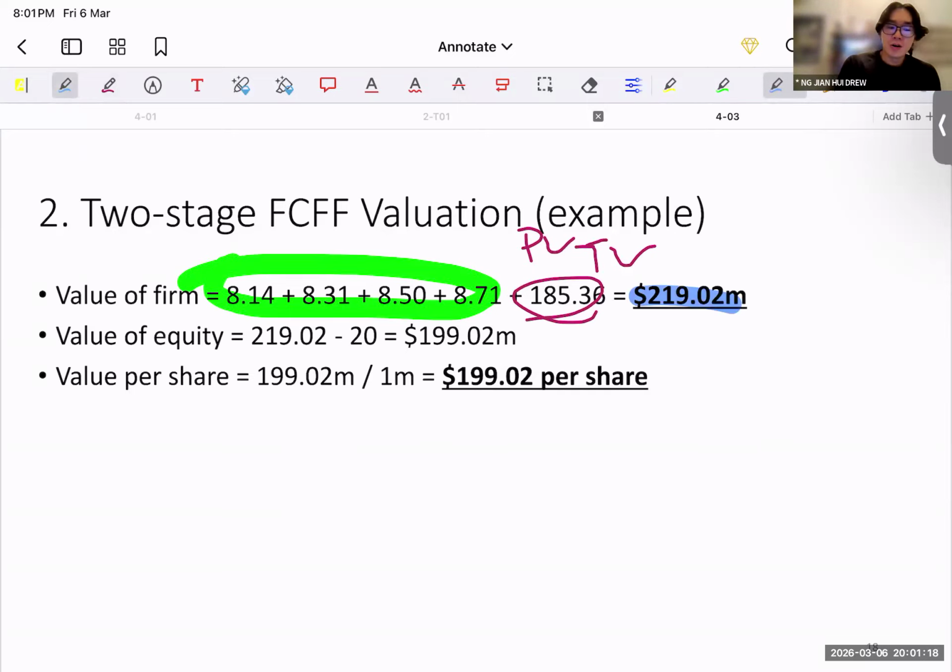Having the value of the firm, in the question they tell you the market value of the debt is 20. So given the market value of debt, we can determine the value of the equity. Just take the value of the firm minus the market value of the debt to give you the value of equity, and then we divide it by the number of shares outstanding, which is 1 million, to give you the value per share.